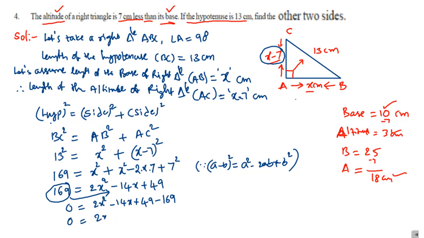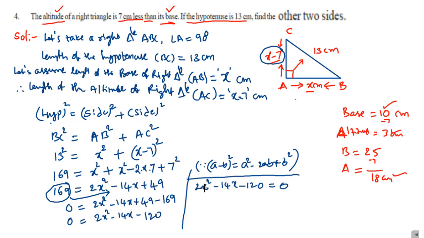Now again simplifying this, 2x square minus 14x plus 49 minus 169 gives us minus 120. Now this can also be written as 2x square minus 14x minus 120 equals 0.